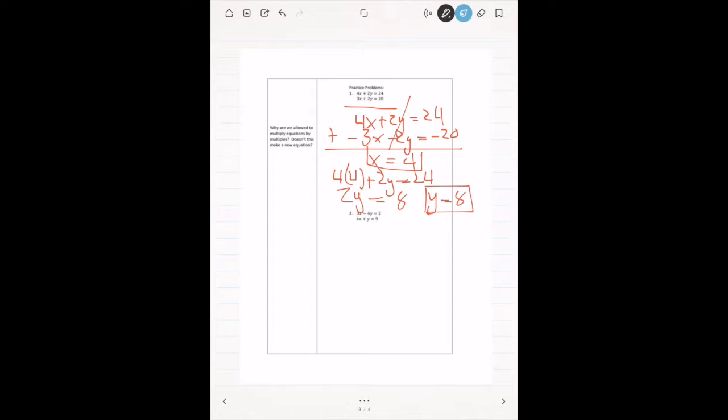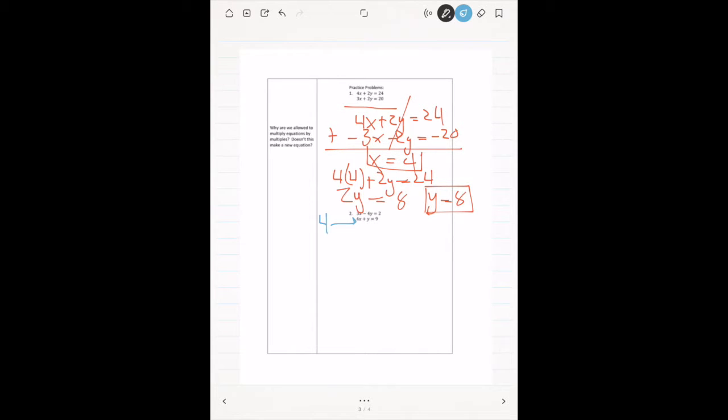So let's pick one of the variables. Pick a variable to cancel out, x or y. I'm going to pick y because it looks easiest for me. I want to make the coefficients of y opposites. I want one to be a positive 4 and one to be a negative 4. Well, if the top one's already negative 4, let's multiply the bottom by positive 4.